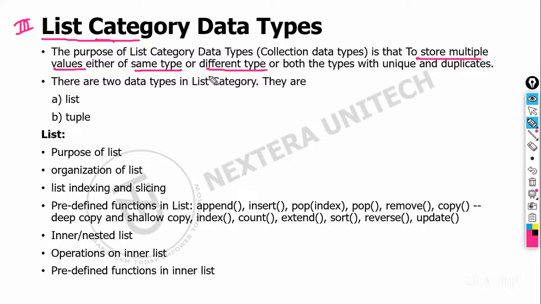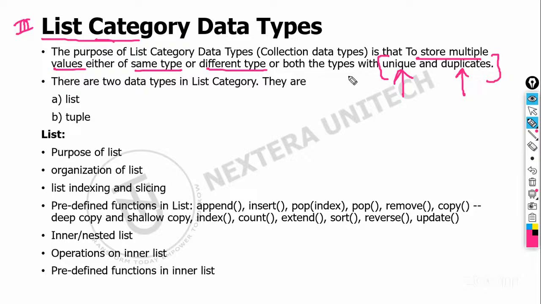So that means you can have the values belonging to same type, or we can also have the values coming from different type. If not, you can have a combination of them. But this is the important point where these values can be unique or duplicates. It also allows to have duplicates inside list category data types.